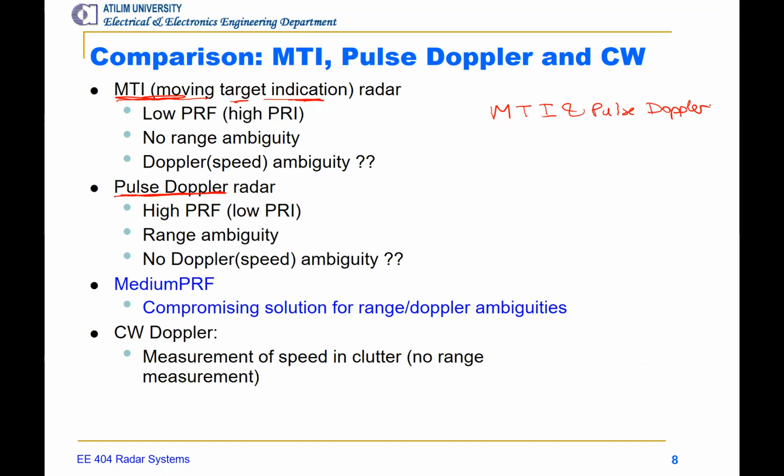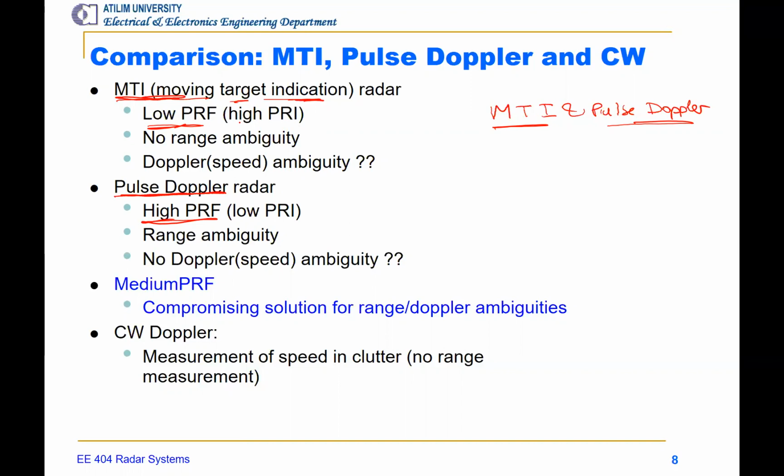They both use Doppler shift, but their processing and parametric variations could be possible. As you see, we tune parameters differently in MTI operation and pulse Doppler operation. For MTI, PRF is very low, while for pulse Doppler, PRF is very high. Which means that in MTI, we have high PRI. In pulse Doppler, we have low PRI.